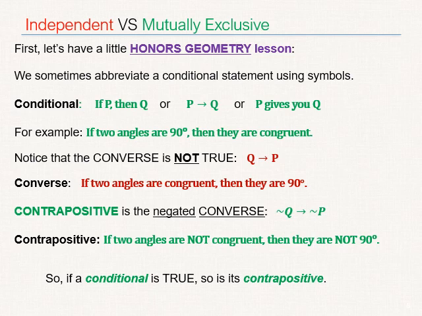So if a conditional is true, then the contrapositive is true. Remember, for the contrapositive you reverse the two statements and negate both of them, so you make them opposites, throw in a not, essentially. Okay. Now let's get back to the statistics idea of independence versus mutual exclusivity.